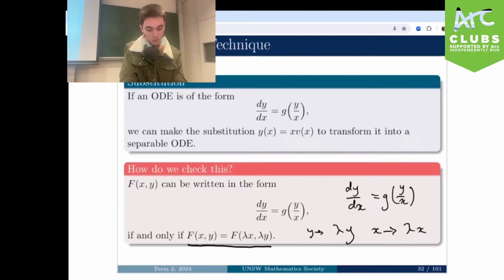Then our value for dy over dx shouldn't change, because that would just mean having a lambda here and a lambda here, which would cancel out, right? So that's the test that we apply to our expression for dy over dx to see whether we can actually perform a substitution like this.